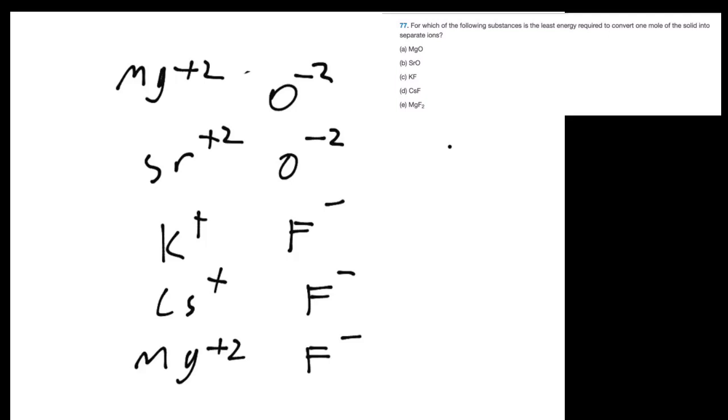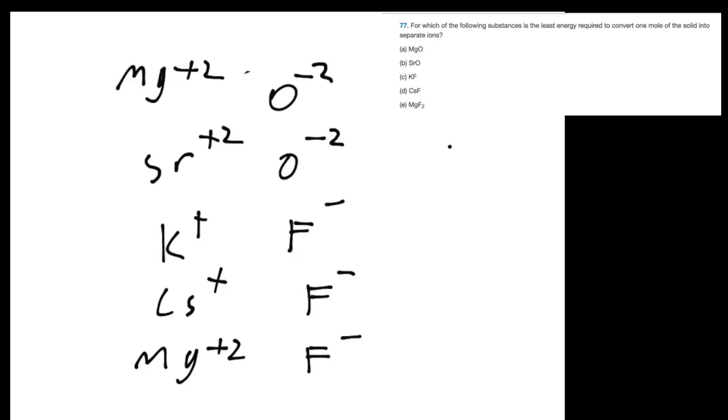Now, we see that there are some similarities and differences between each of these parts of this problem. But one thing that we need to keep in mind is that for lattice energy, the smaller the charge, the smaller the lattice energy. So if we have a smaller charge, that means it's going to take less energy to break it or to convert it into its separate ions.